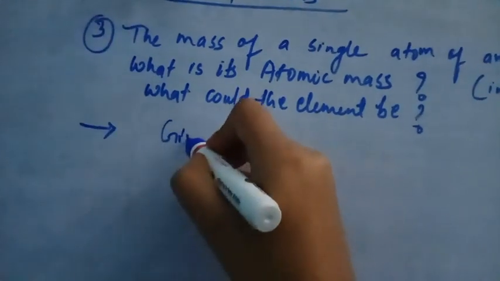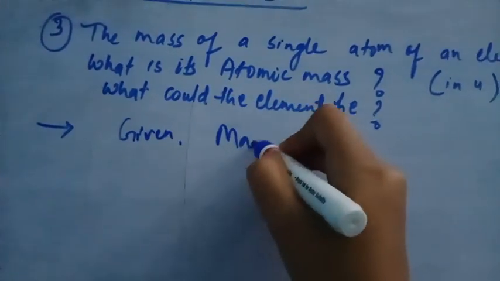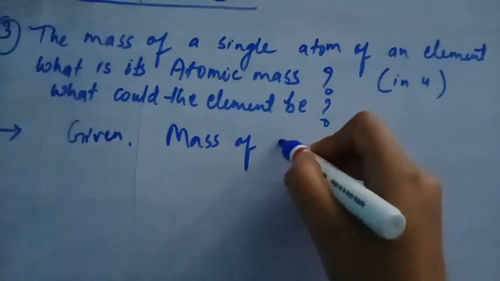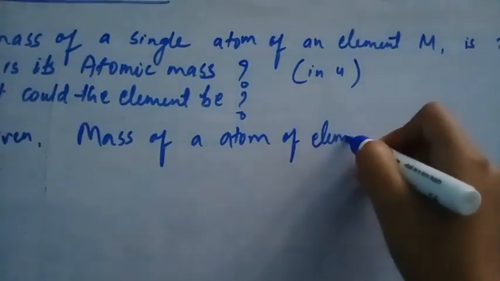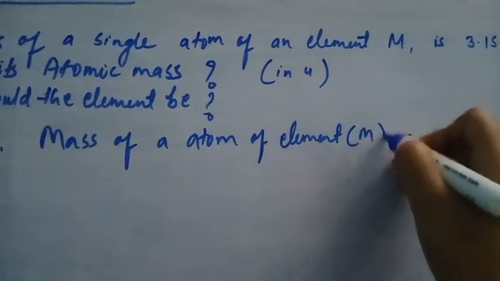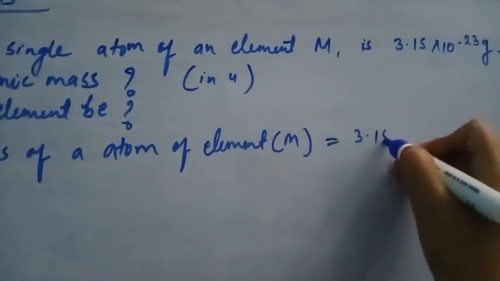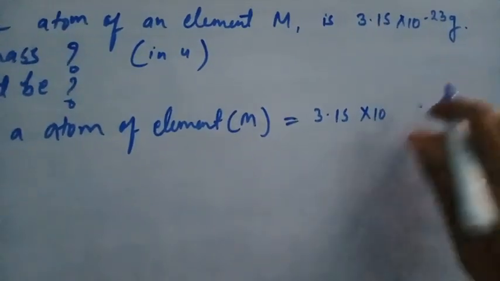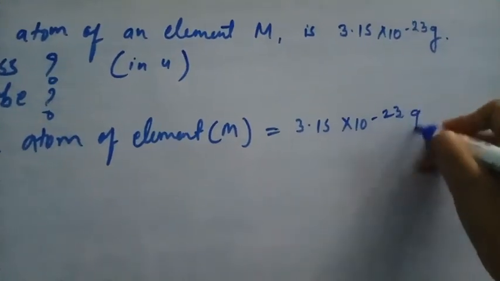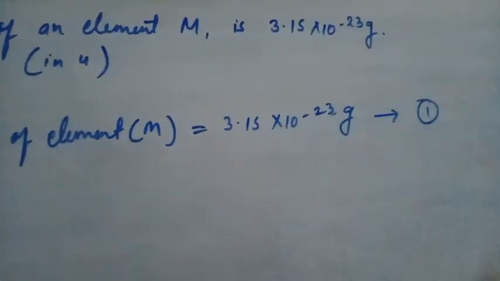So we will write here, given: mass of an atom of element M is equal to 3.15 into 10 to the power minus 23 gram. Let's say this is equation 1.